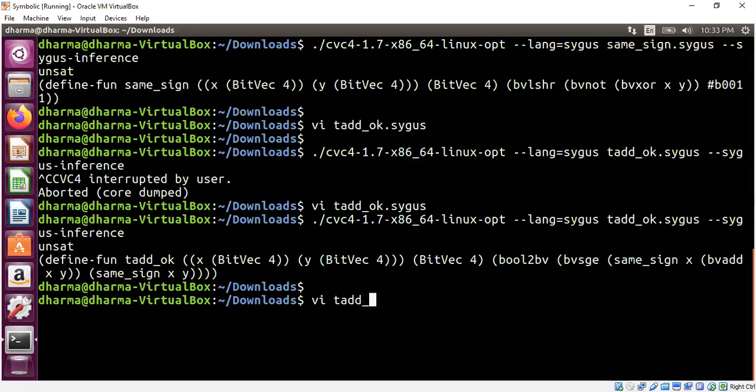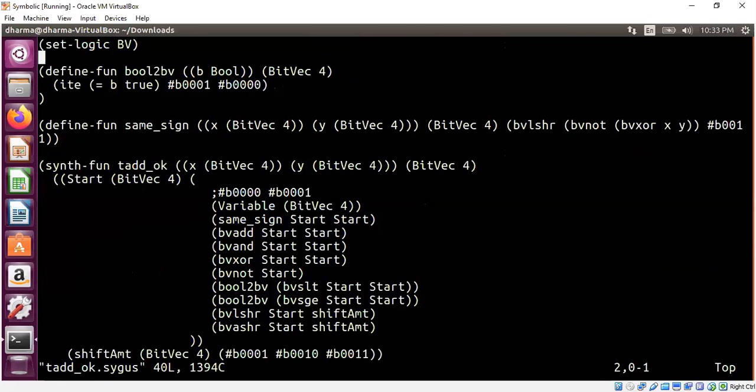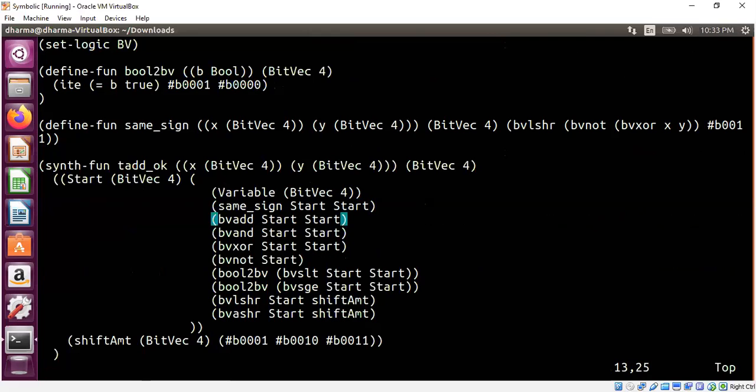What did I do? I used the already synthesized function called same sign, because my intuition was telling me that same sign will be helpful to detect whether two numbers can be added or not. Therefore, I plugged it in here. We don't need this constant. And we were able to just apply the same sign function.